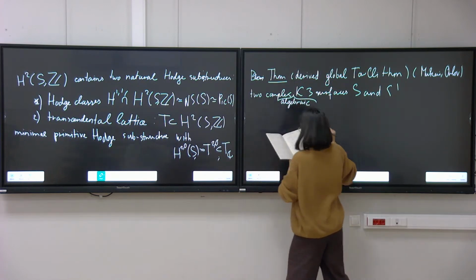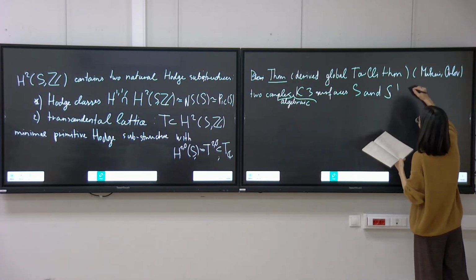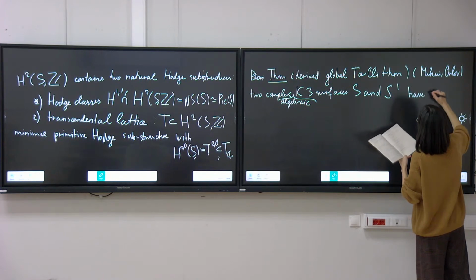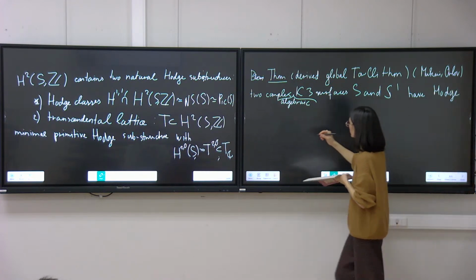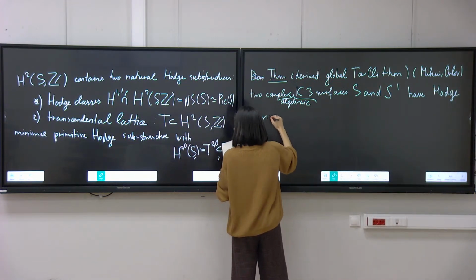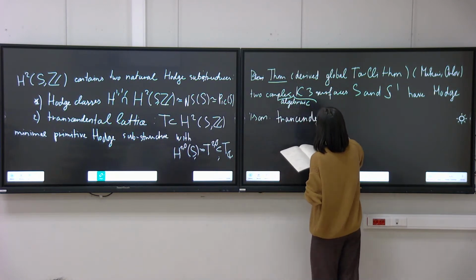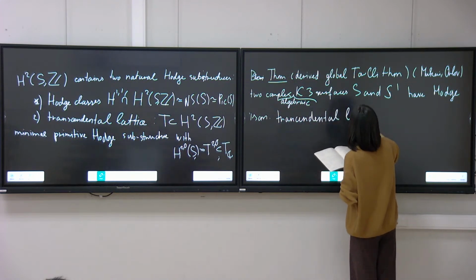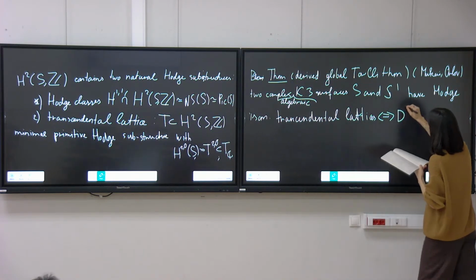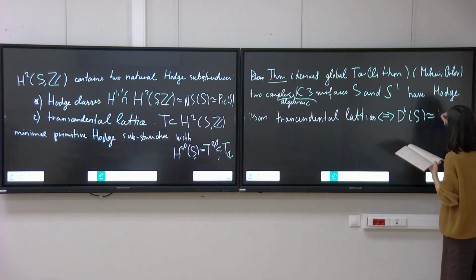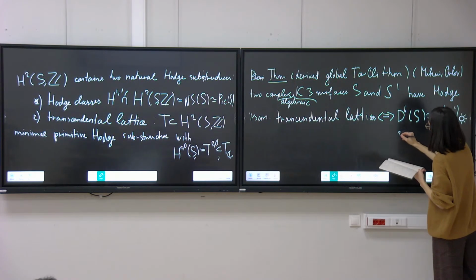Algebraic K3 surfaces S and S prime have Hodge isometric transcendental lattices if and only if their derived categories are equivalent.